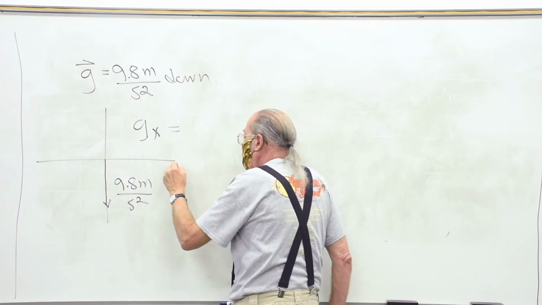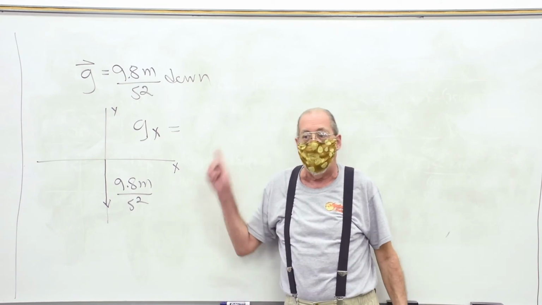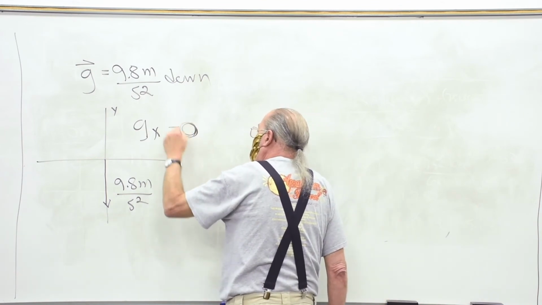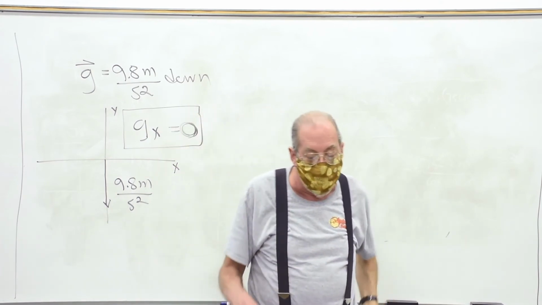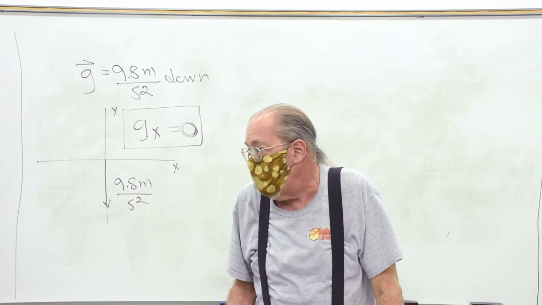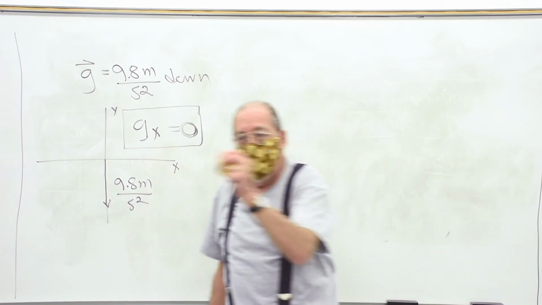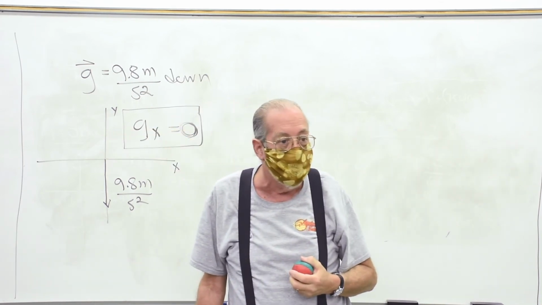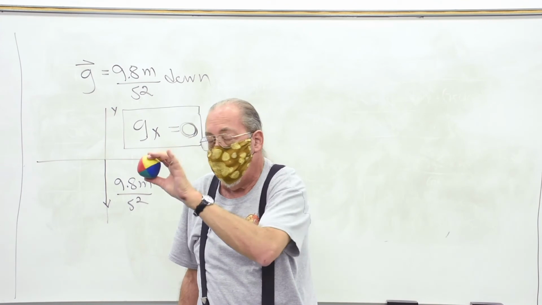If this is x, and y could be up or down, doesn't make any difference. What is the x component of that vector? 0. When an object is only under the influence of gravity, it is accelerated with constant acceleration of 9.8 meters per second squared down, but horizontally, the acceleration is 0. There's no acceleration horizontally.